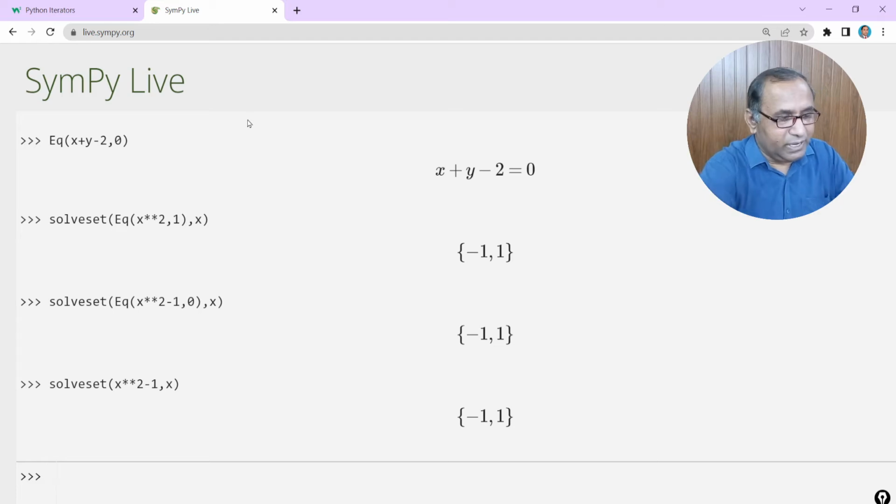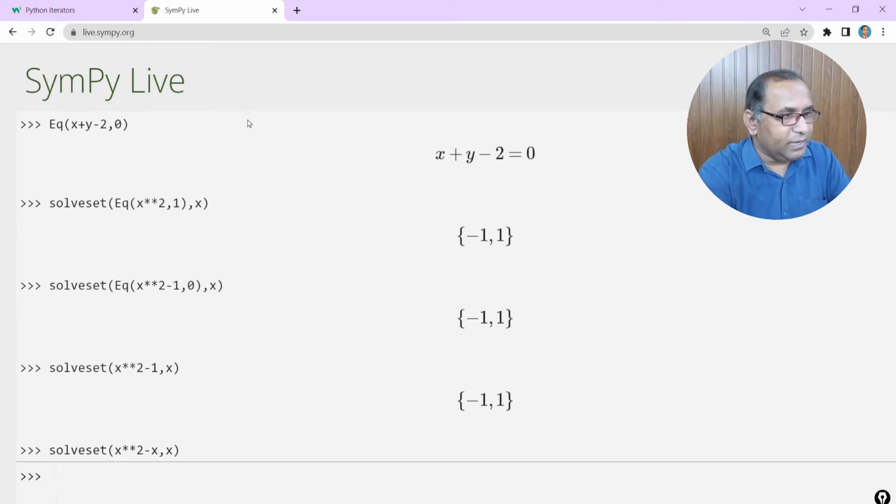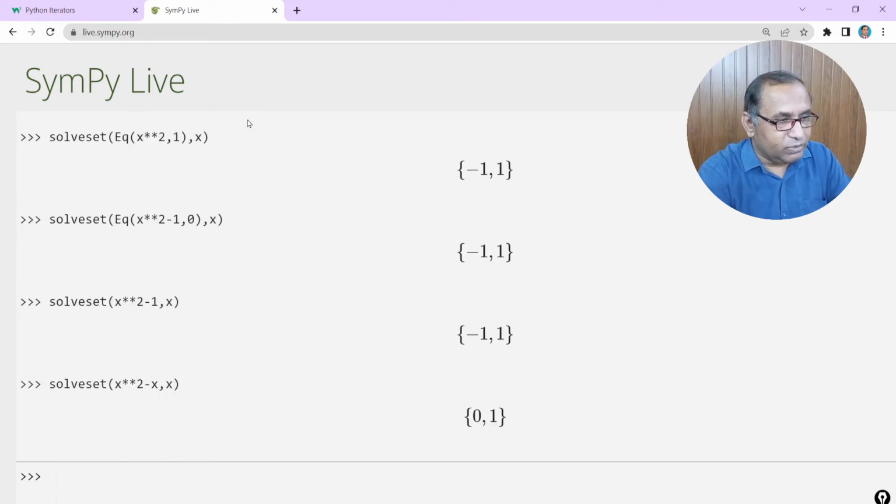Here we are using the solveset function, and the equation is x square minus x, and we want to solve this equation for x. Then when you enter, we have the set of solutions for the same equation.